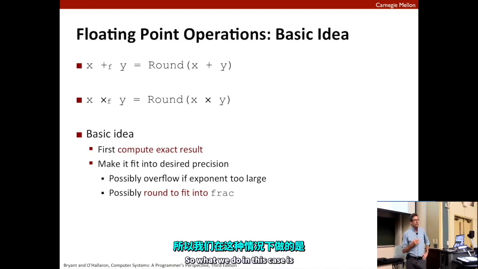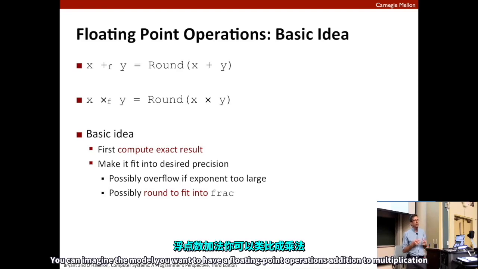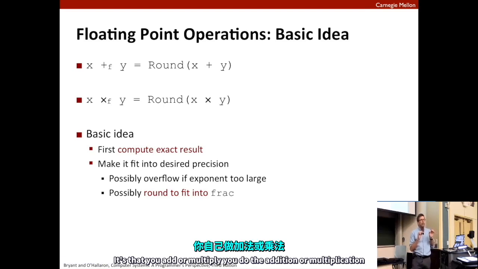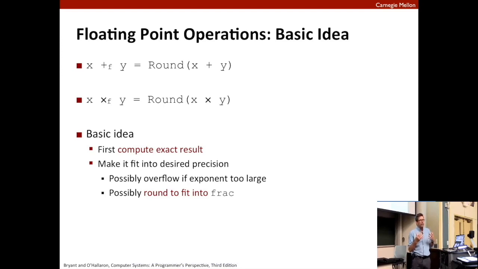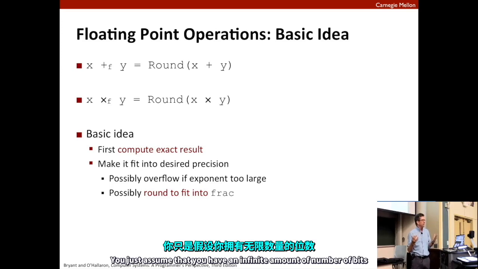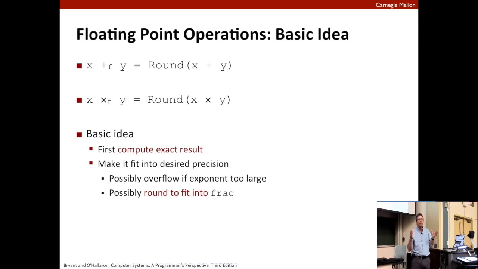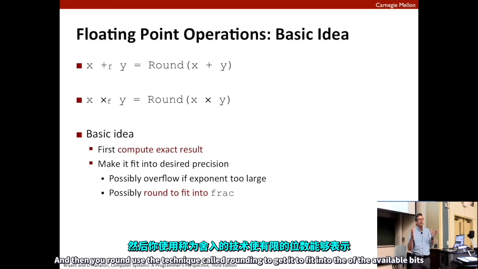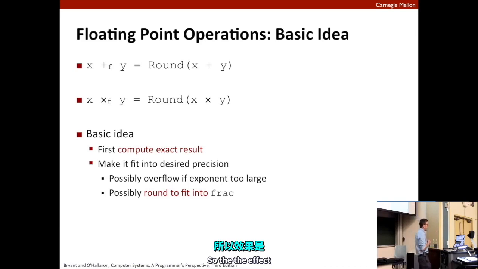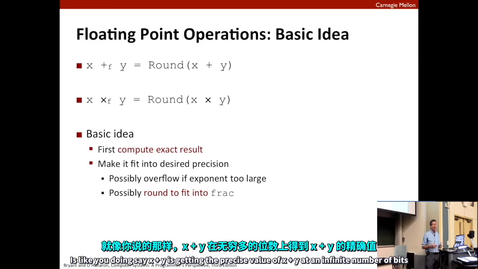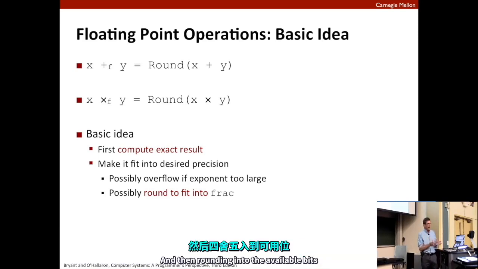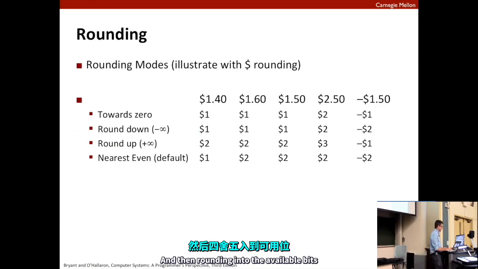So the model you want to have of floating point operations, addition and multiplication, is that you do the addition or multiplication and compute the exact result, assuming you have an infinite number of bits. And then you use a technique called rounding to get it to fit into the available bits. So the effect of doing, say, x plus y is getting the precise value of x plus y at an infinite number of bits and then rounding into the available bits.